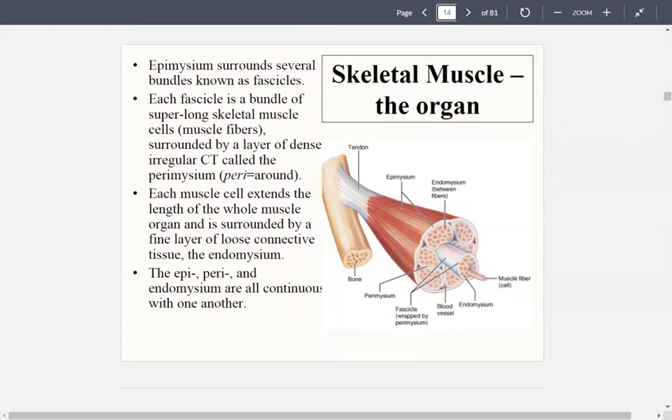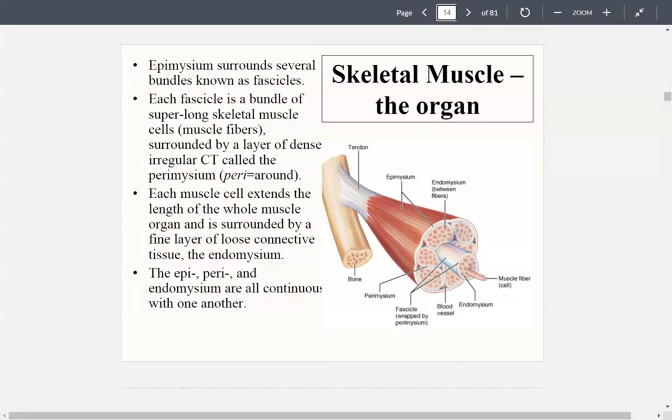Inside that epimysium are going to be several bundles of muscle fibers. Each bundle is known as a fascicle. The fibers that are inside are super long. They're going to run the length of the muscle, and they are each going to be individual cells.